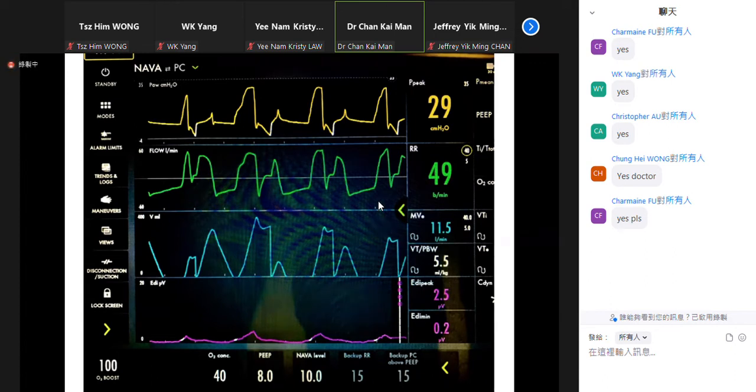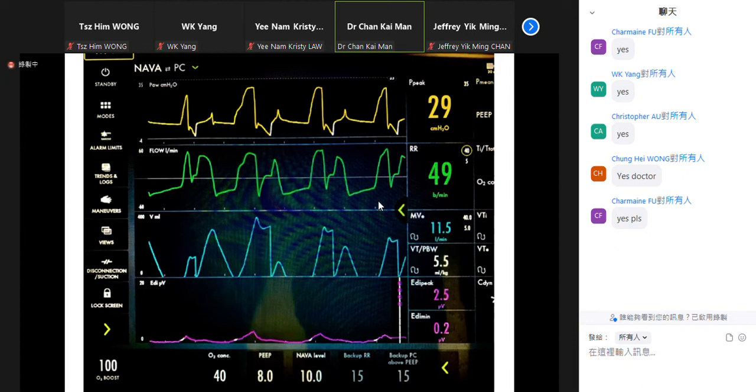So here, we are not quite happy with this waveform, because it requires a NAVA level of up to 10 to deliver an effective tidal volume. So we are sensing something wrong, although the mode is still triggering the ventilator.